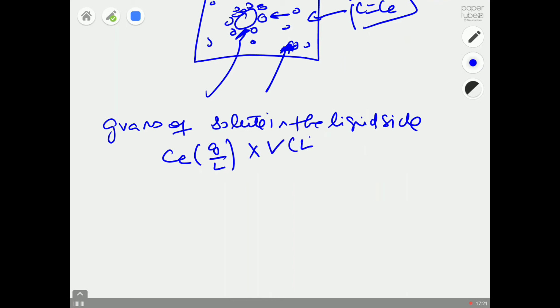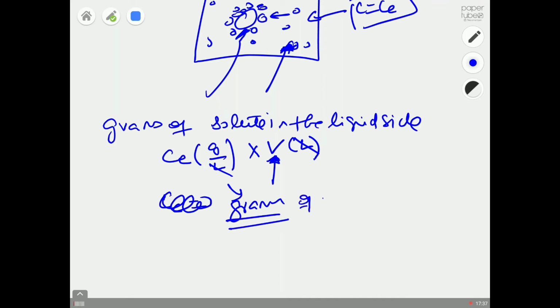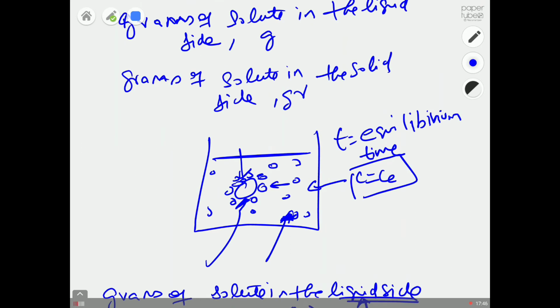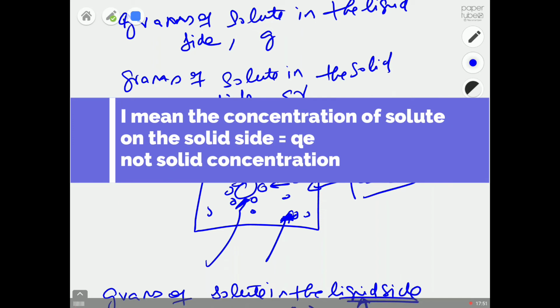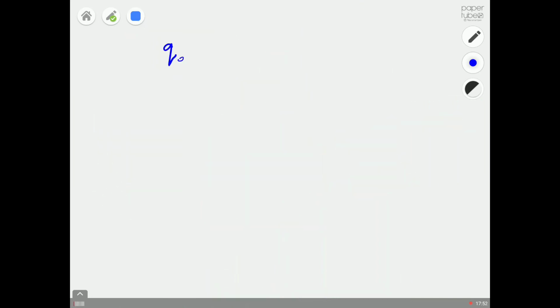Volume is expressed in liters, the volume of your reactor or volume of your solution, so liter and liter get cancelled. You will get something in terms of grams. Whatever value you get will be the grams of solute in the liquid side. So how do you get the grams of solute on the solid side? We know at equilibrium the solid concentration will be equal to QE.